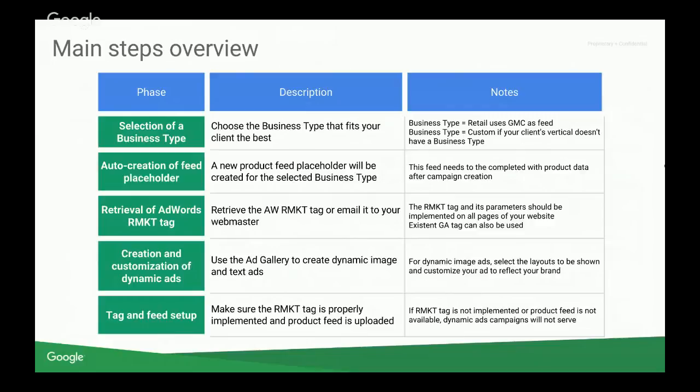Then you have the retrieval of the AdWords remarketing tag. You can retrieve the AdWords remarketing tag or email it to your webmaster, which is highly recommended if you do not have a lot of technical knowledge in terms of adding the tag to your website. You can then create and customize your dynamic ads.